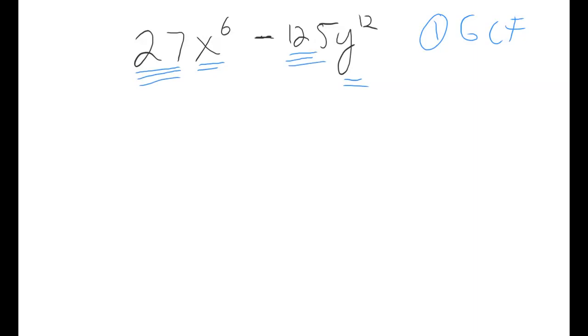So then, well, I look at 3. Well, if you don't remember how to see if 3 goes into something, you add up the numbers. So 2 plus 7 is 9, and 3 goes into 9, so therefore 3 goes into 27. 1 plus 2 is 3 plus 5 is 8. 3 doesn't go into 8, so 3 can't go into it. So if 3 can't go into it, that means 9 also can't go into it.